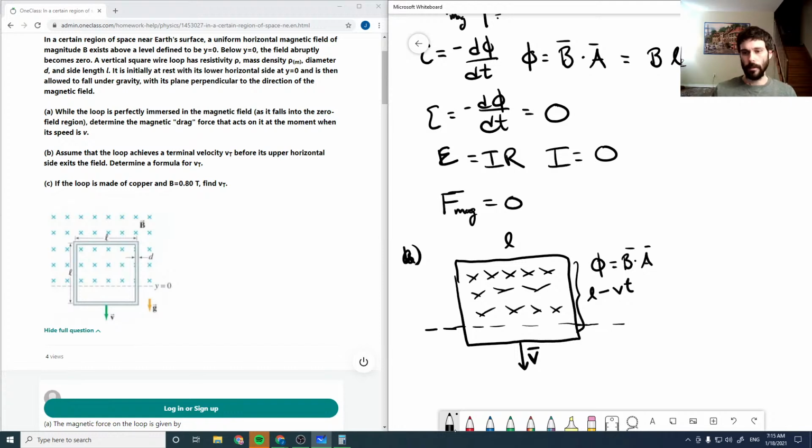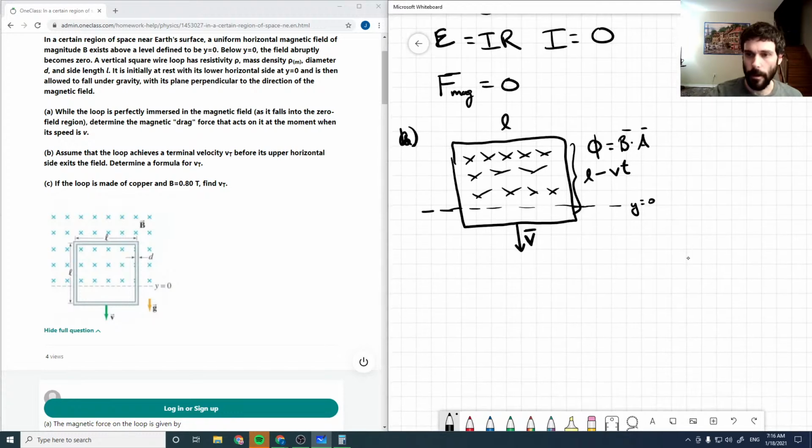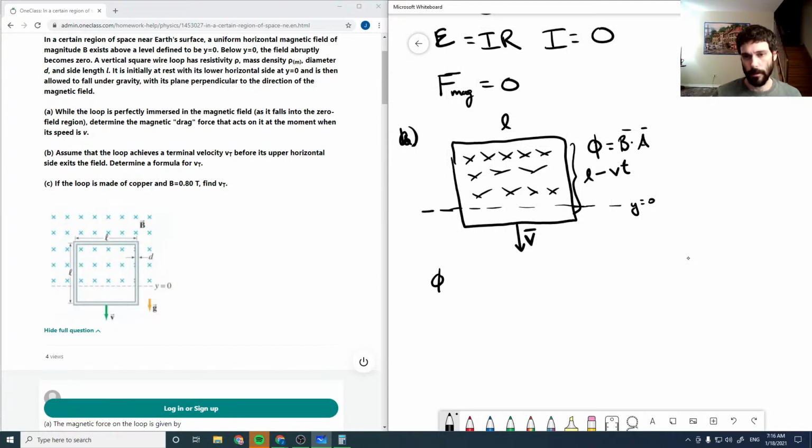Now we're assuming that we're starting at time equals 0 when it's right at the y equals 0 point. So then our phi with this expression is B, as our B field's constant and parallel to our A field. Then our area is L times L minus vt.